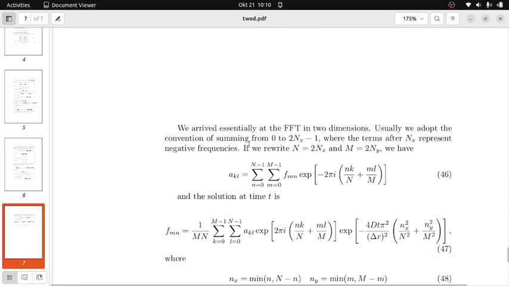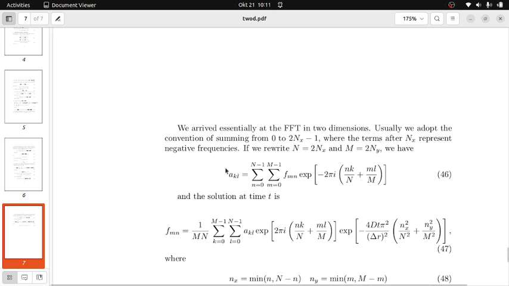So if we do this simplification, we can write A_kl equals sum of n equals 0 to N minus 1, sum of m equals 0 to M minus 1, f_mn exponential of minus 2 pi i, times k divided by N plus m l divided by M. And this is exactly the discrete Fourier transform.